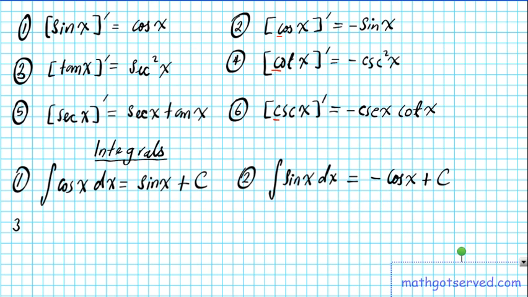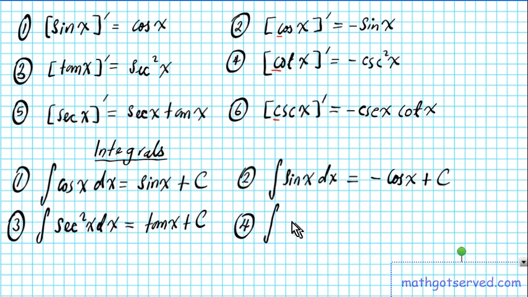Number 3. We're now going to integrate secant square x dx. Since the derivative of tan is secant square, the integral of secant square x is tan x plus c. There is no sign change here since there was no sign change when we differentiated. Formula 4.